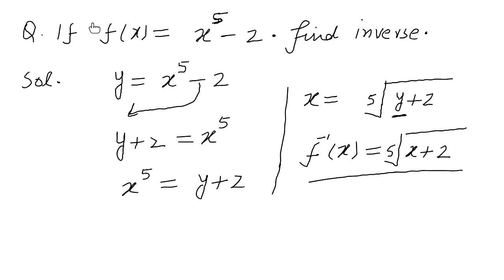Say this. So remember the steps. First step: write f(x) as y. Then second step: solve for x. Third step: when you change x and y, interchange them, and then here is f inverse x.